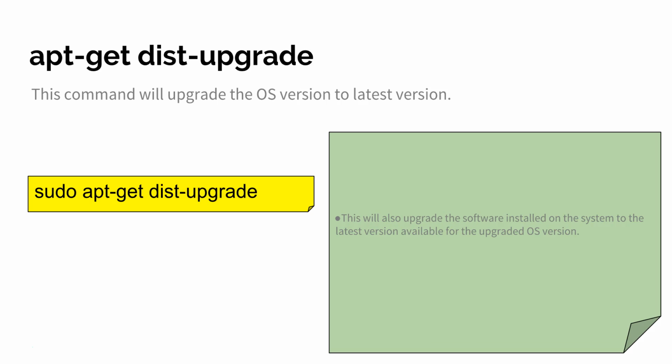This is the command that will upgrade the OS version to the latest version: sudo apt-get dist-upgrade, the distribution upgrade. The way Ubuntu makes releases is, I think, every 6 months.